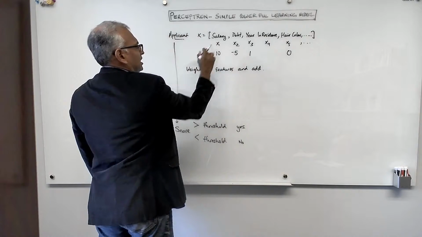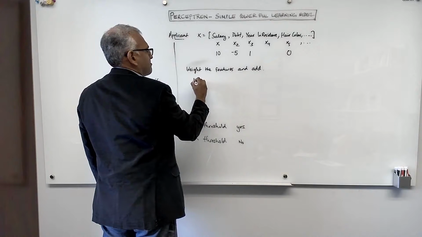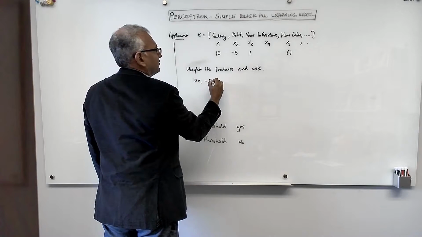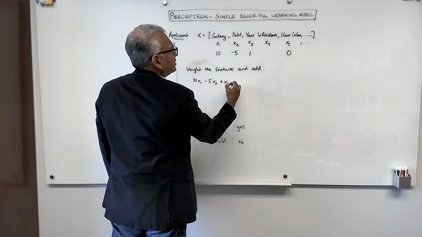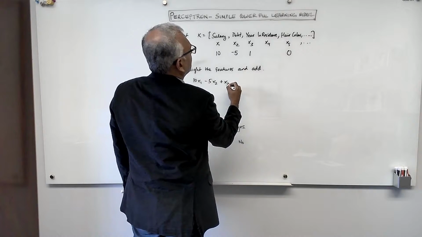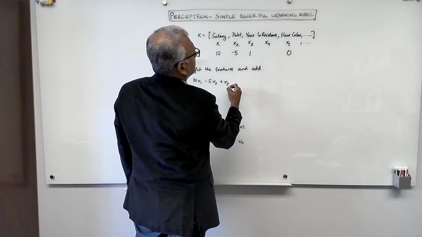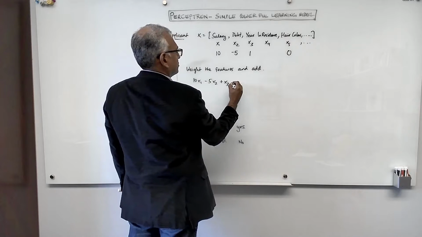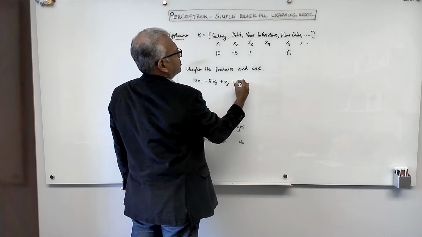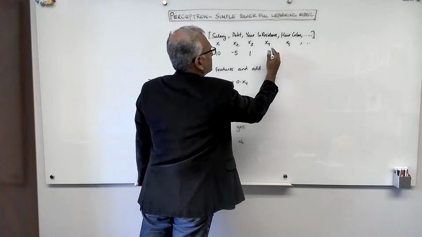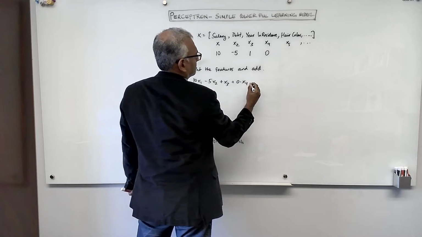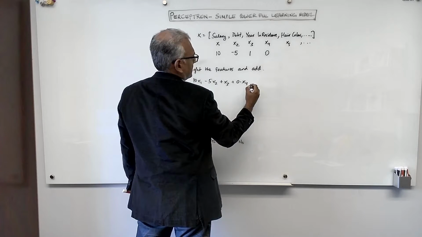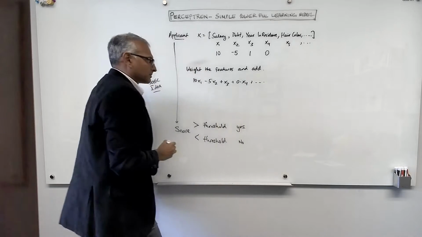I'm going to get 10x1 minus 5x2 plus x3, and the hair color is x4, so plus 0 times x4, plus and so on.